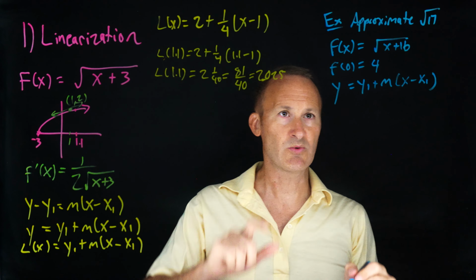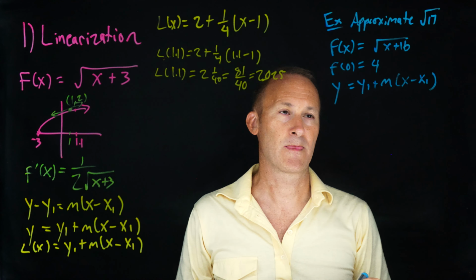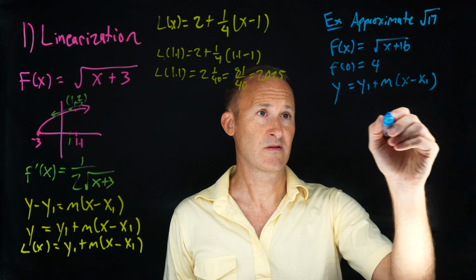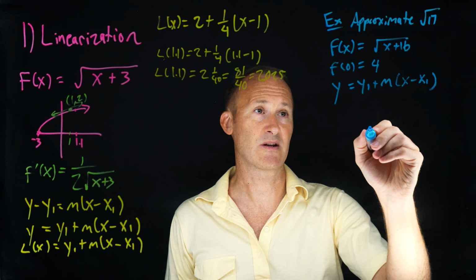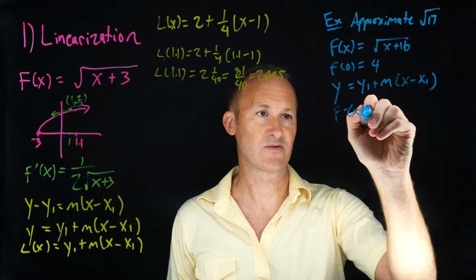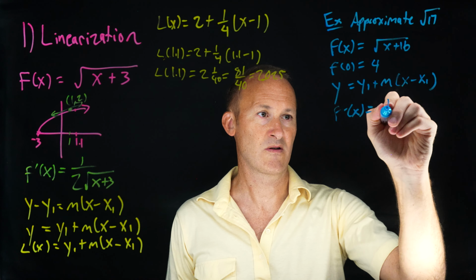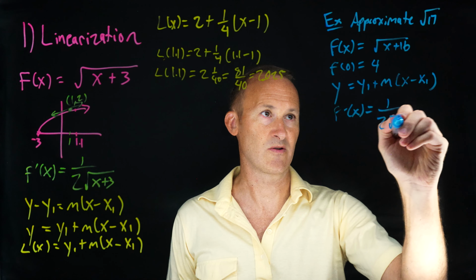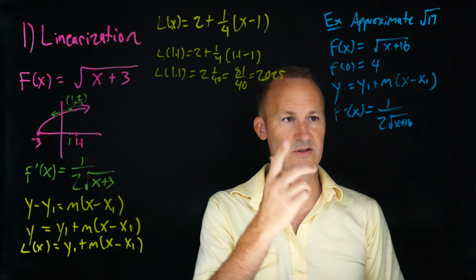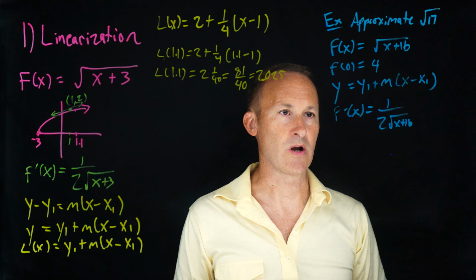Now, we've got to get our m here. So this is our linearization. We've got our x1, y1. We still need to get our m, and we get that with f prime of x, and that's pretty straightforward because it's just 1 over 2 square root of x plus 16. And when we plug in 0, we get 1/8.